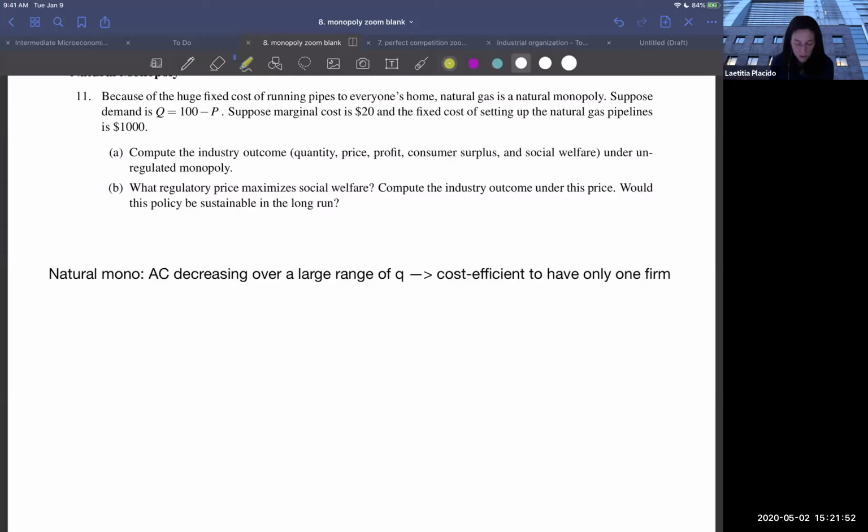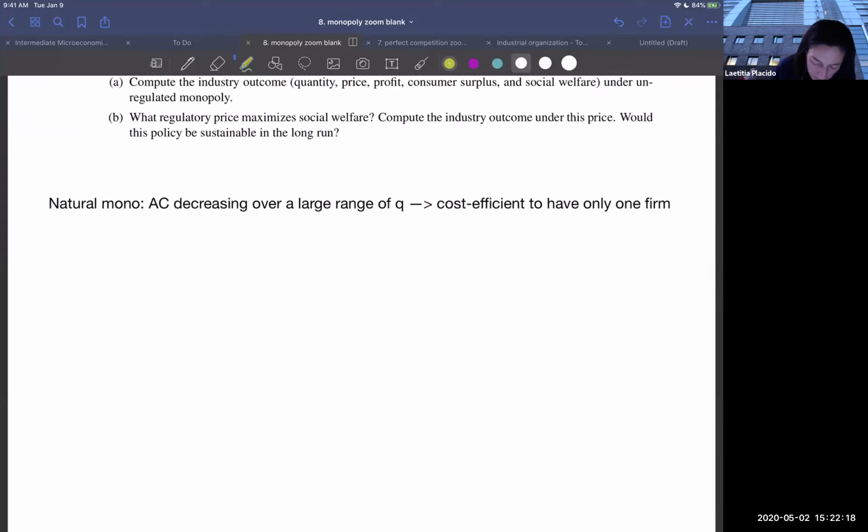I'm going to show you why. The main idea is that if you face a firm that has an average total cost decreasing over a large range of quantity, then it's not efficient for the market to have more than one firm supplying the product. To show you that, I'm going to draw a graph.